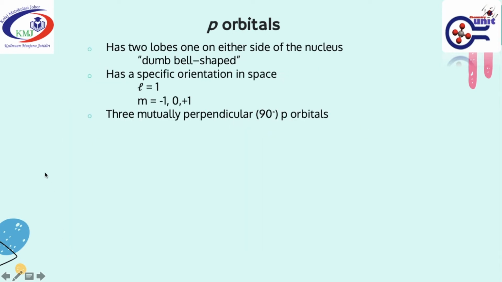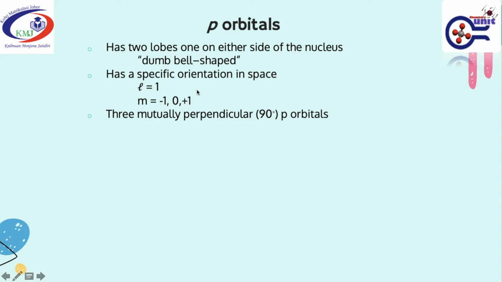P orbitals have two lobes, one on either side of the nucleus. It has dumbbell shape. P orbital has specific orientation in space. P orbital is when L is equal to 1. So when L is equal to 1, M is equal to negative 1, 0, positive 1.